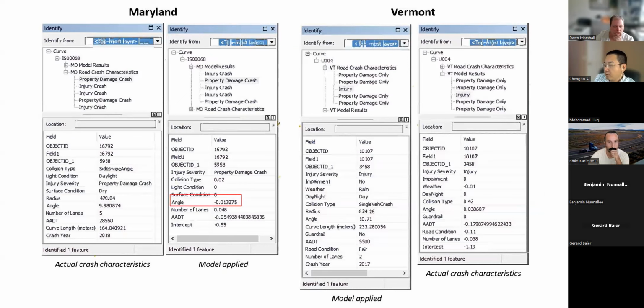Okay. Remember the grouping effects. Here is where it becomes interesting: you will have a contribution, or coefficients, of that deflection angle to that location or to that curve, right? You can see some of those are negative, which means this curve doesn't necessarily contribute to the crash severity or the crash numbers, so it is not really related.